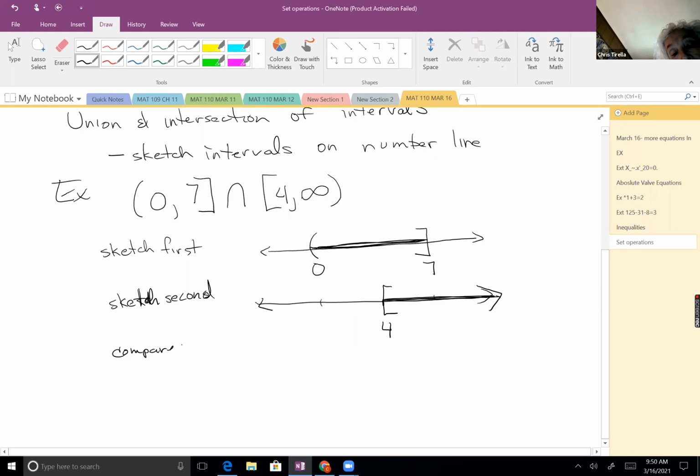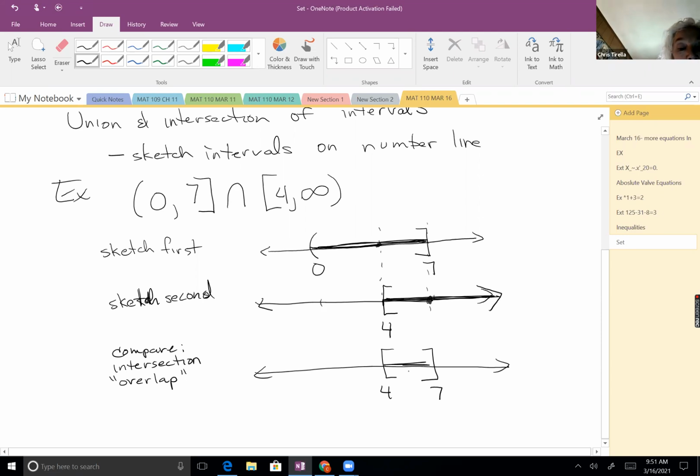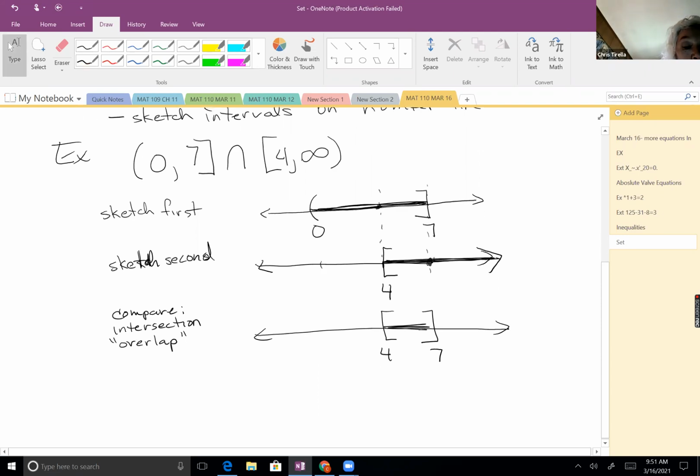For the intersection, we want what they have in common, or the overlap of the two. They both contain 4. They both contain 7 and the values in between. And so the intersection would be the closed interval from 4 to 7.